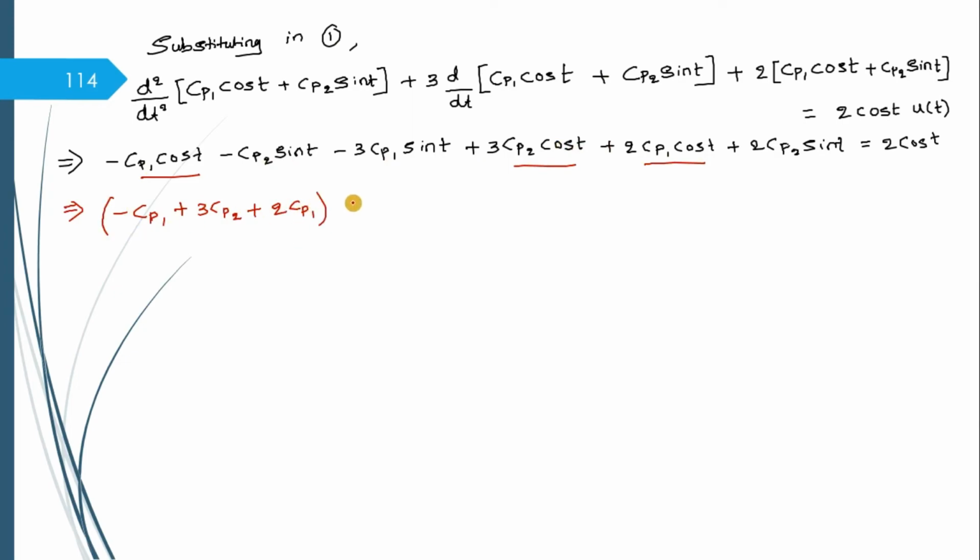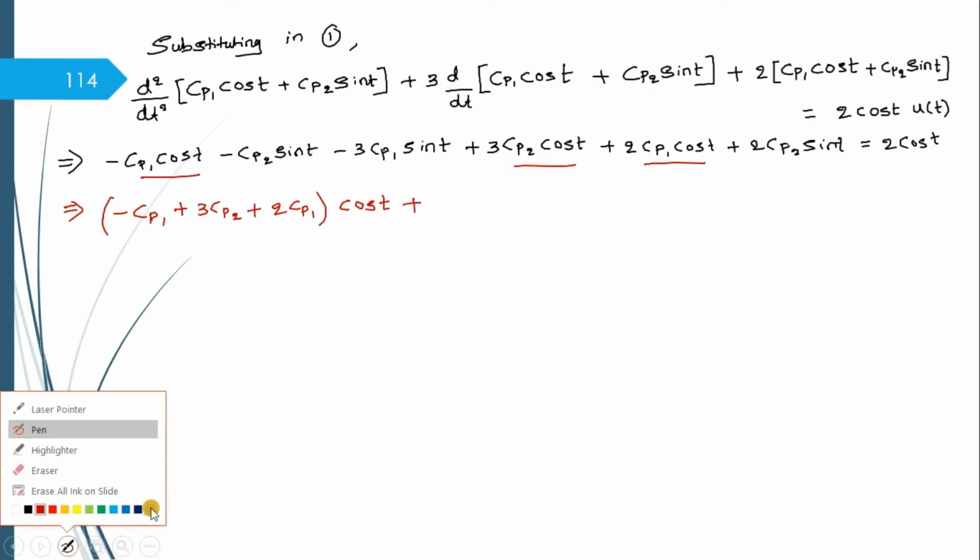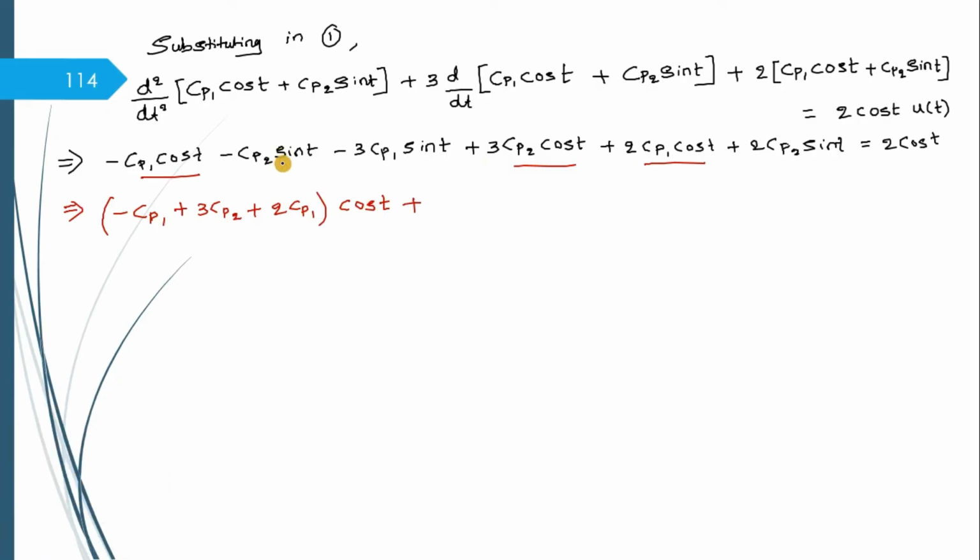So this is the terms of cos t. Plus now we have to write the terms of sin t. Sin t's terms are the remaining terms. So write it: minus cp2, then minus 3 cp1, then plus 2 cp2. This is sin t. Correct?